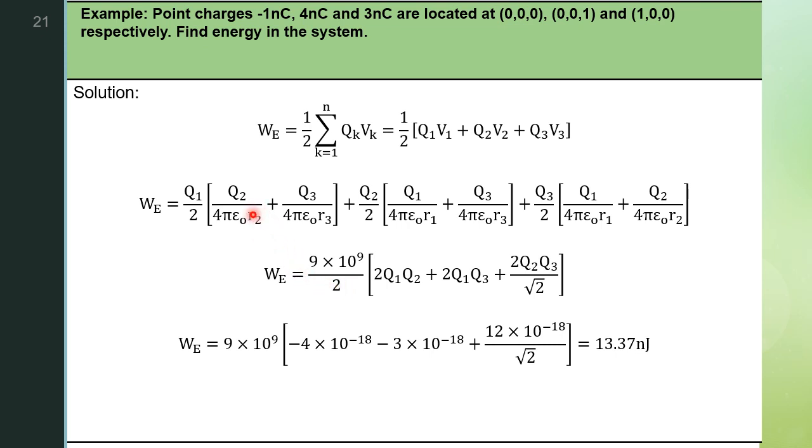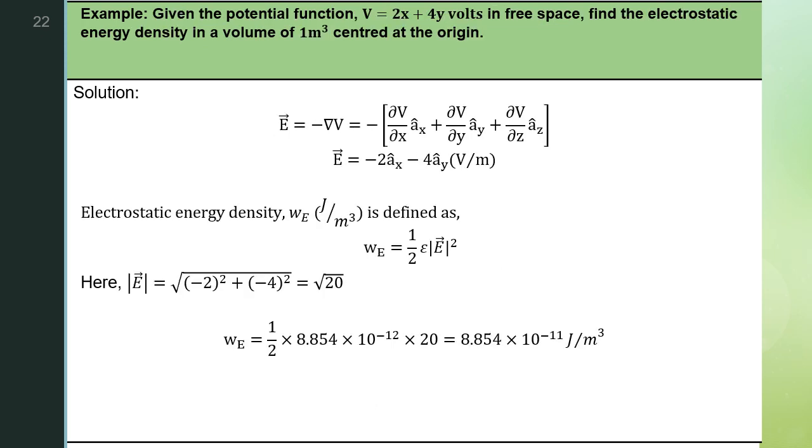R2 is the distance between Q1 and Q2, R3 is the distance between Q1 and Q3, and so on. In this way we get the values of R1, R2, R3. On substituting the values of Q1, Q2 and Q3, we get the total energy in the system as 13.37 nanojoules.